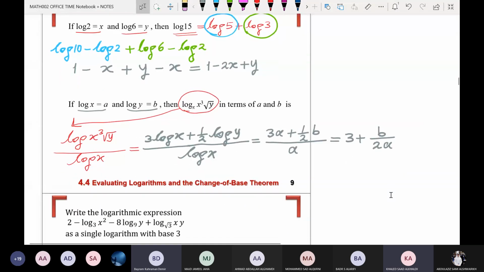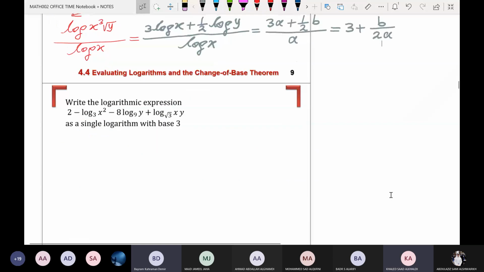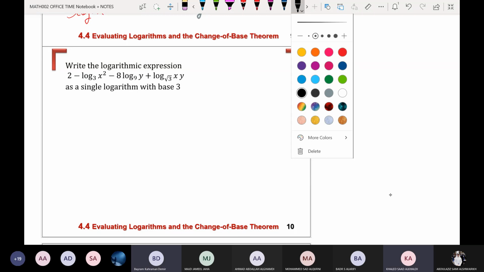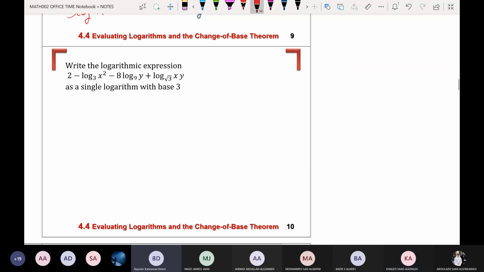All right, so let's go to another exam question, Shabab. Can you write the logarithmic expression as a single logarithm with base 3? With base 3, we have 2 here.